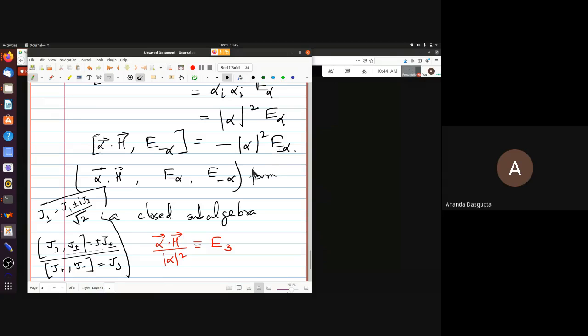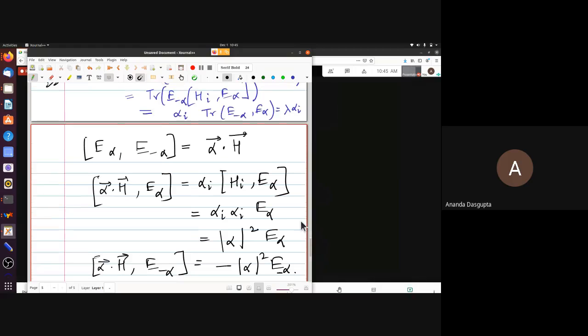Okay? So this part of the SU2 commutation relations, you are matching up. However, if you did that, E alpha comma E minus alpha will be alpha dot h, whereas you want to get it by mod alpha square. Right? Just to make it look exactly like what you had.